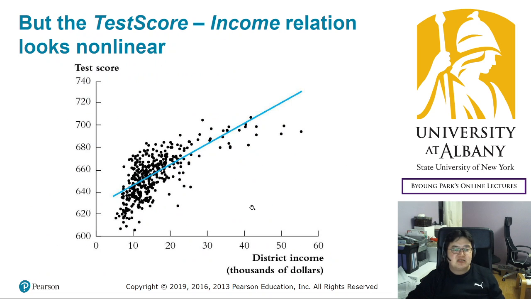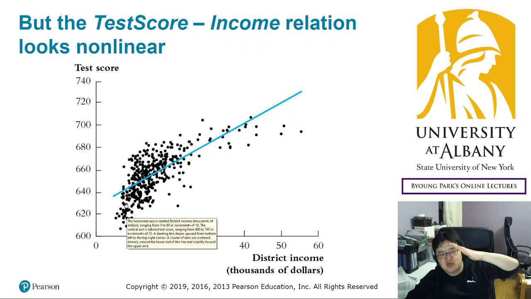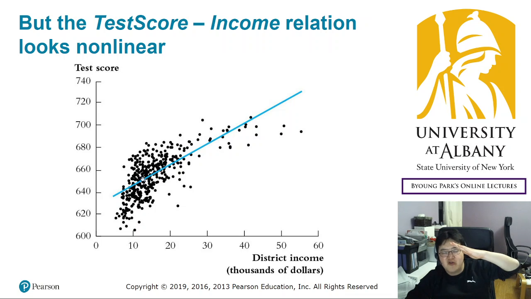As you can see here, the effect of the stimulus check for this household is overestimated, but underestimated here. The true effect is very steep here, but your estimation is like this, so underestimated.